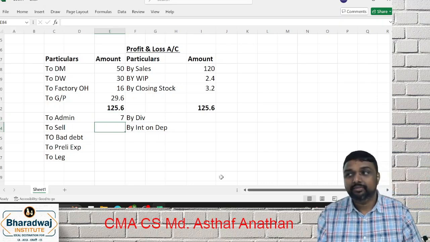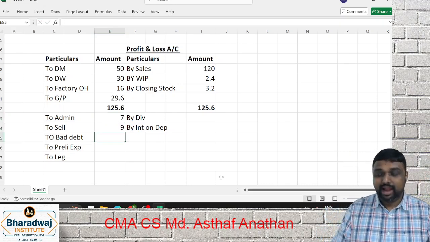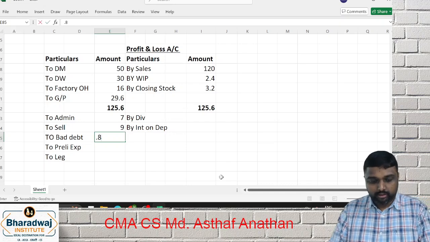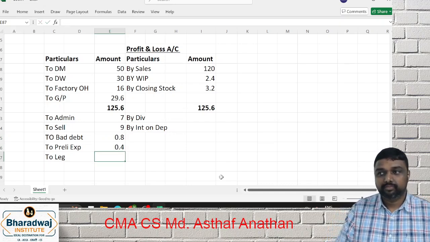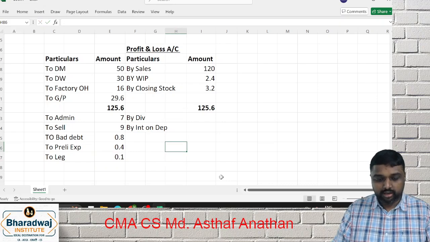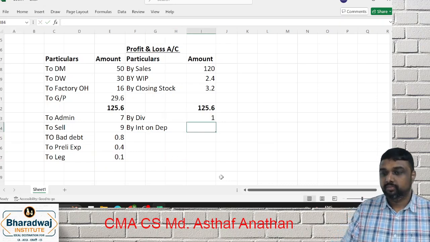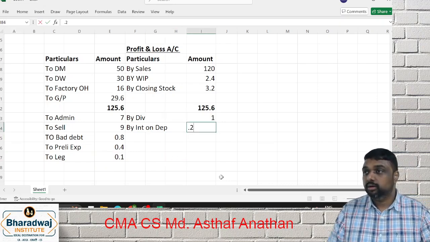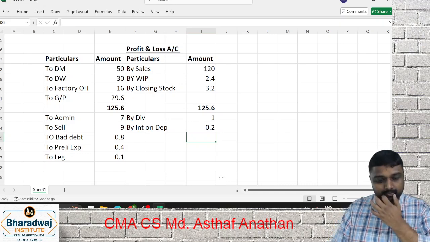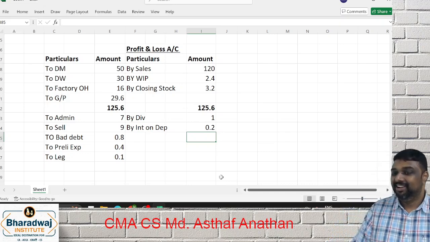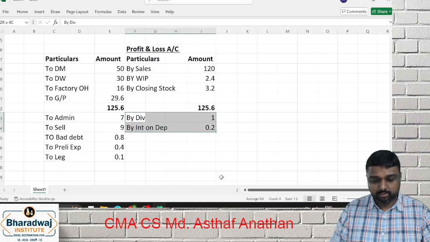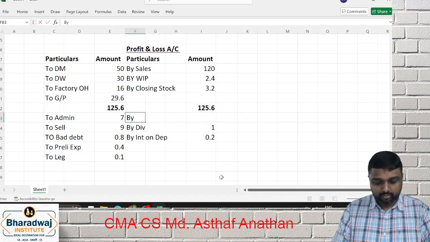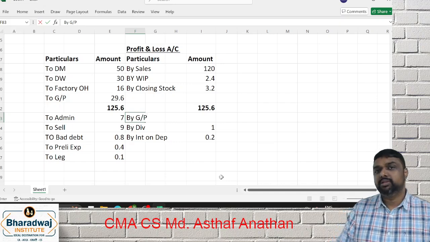7 lakhs, selling 9 lakhs, bad debt 80,000, 40,000, 10,000. Interest on dividend. Yes. Now what we have to do is just bring down first our gross profit. So it's for revision purpose.